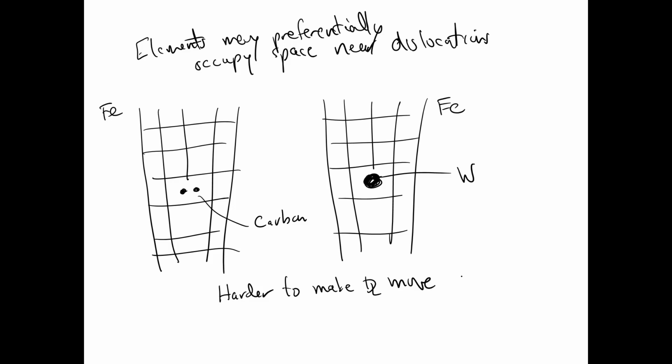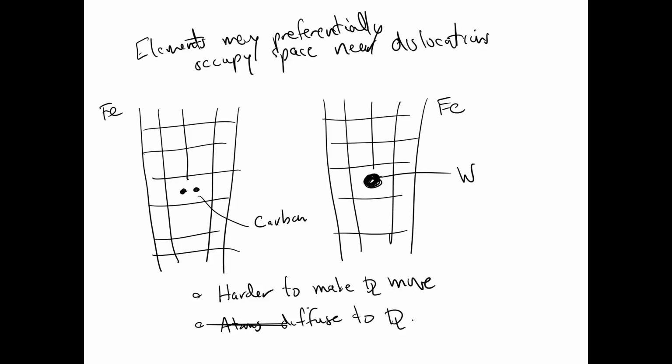It likes this a little better. So those interstitial and substitutional elements, the atoms tend to diffuse to dislocations and stay there. And now to get the dislocations moving, it takes an extra amount of stress to do that.